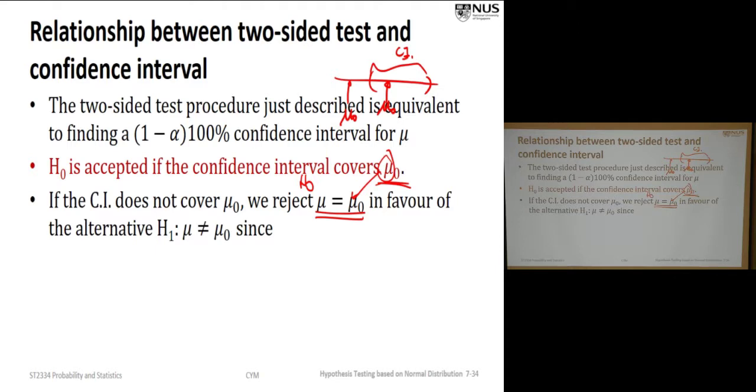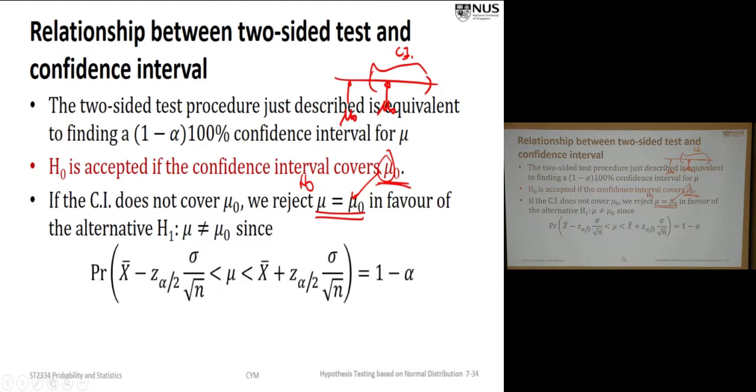Then if you decide your test statistic, get its value, and compare with the critical values, your final decision is that you reject the null hypothesis. So the confidence interval and the hypothesis test with a two-sided alternative are equivalent.